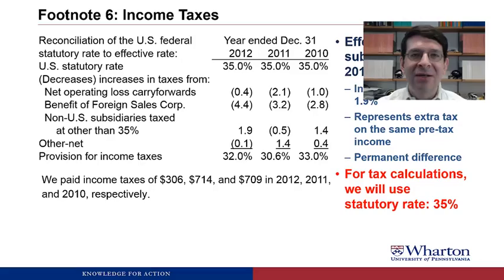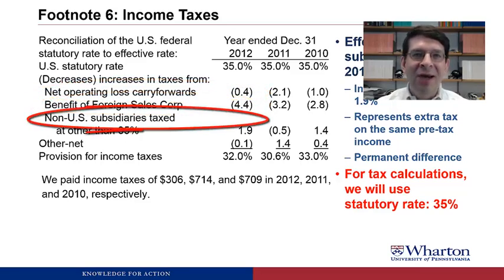I'm happy to. Don't use the effective tax rate to do tax calculations. And this footnote provides a really good example why. So if you look at Moth's effective tax rate, it's affected by 4 things. You've got the NOLs, you've got a benefit of a foreign sales corporation, you've got the non-U.S. subsidiaries, and you've got other net.